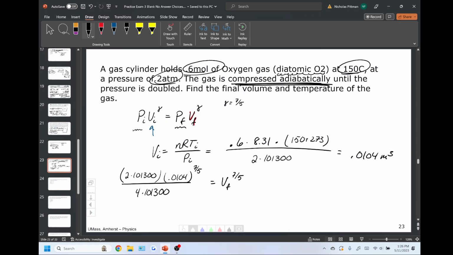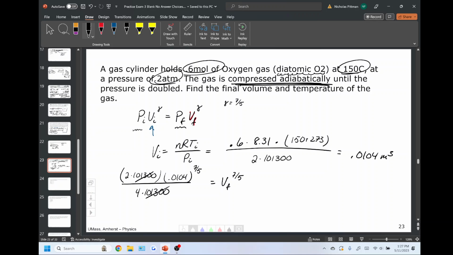So first I'm just going to compute the left-hand side, and then we'll get rid of the power. The 101,300s cancel. Remember to, actually I'm going to write this down, make sure to put gamma in parentheses.